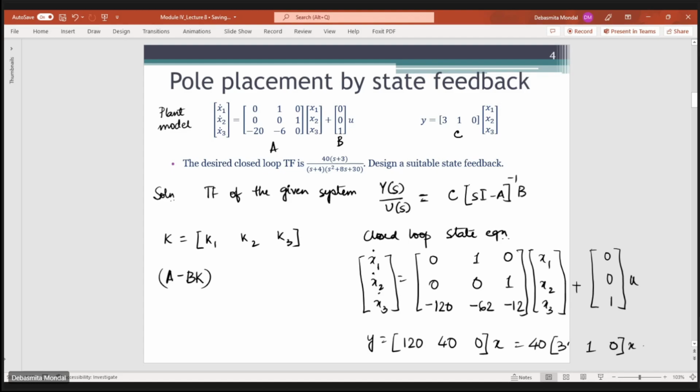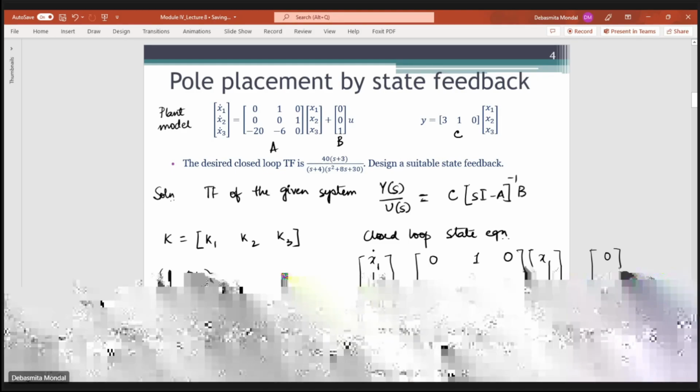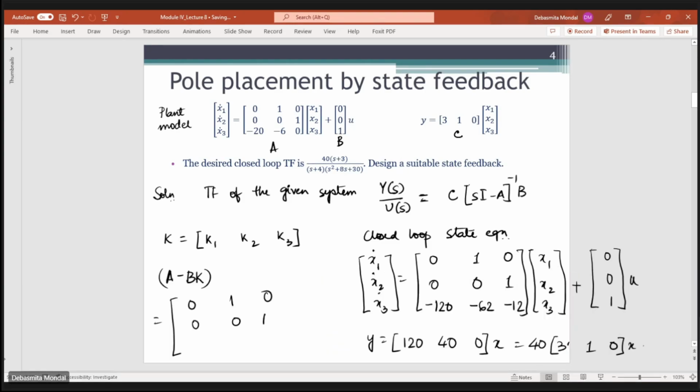Okay, and you have already found out the value of the A minus BK matrix. So A minus BK is given by 0 1 0, 0 0 1, minus 20 minus K1, minus 6 minus K2 and minus K3.